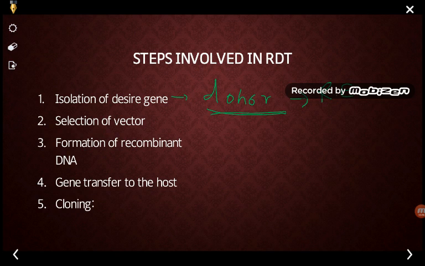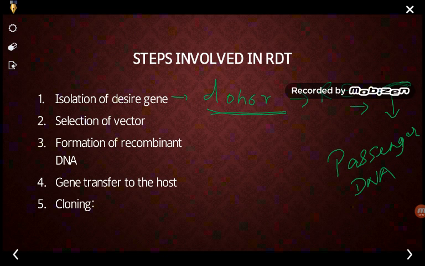And the donor DNA containing the desired gene is called the passenger DNA. हमें जो desired gene चाहिए, इसको हम क्या बोलेंगे, passenger DNA. So they are said to be the donor, and those cut by means of restriction enzymes are also said to be passenger DNA.